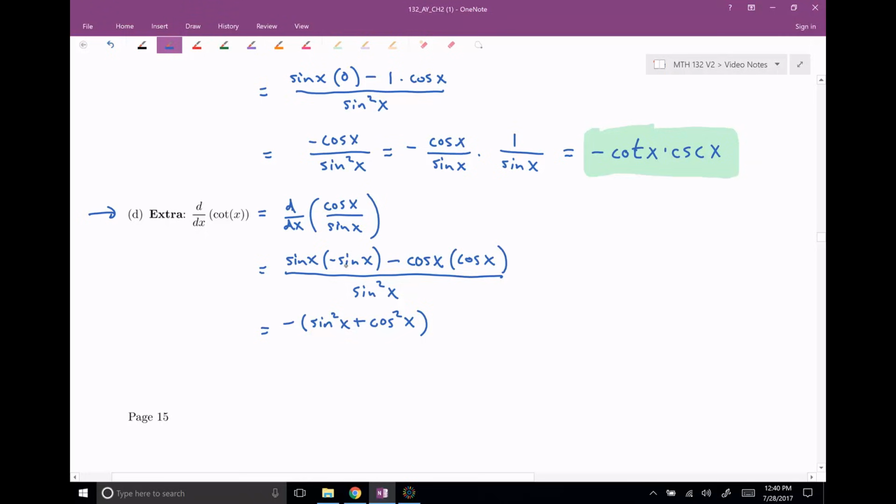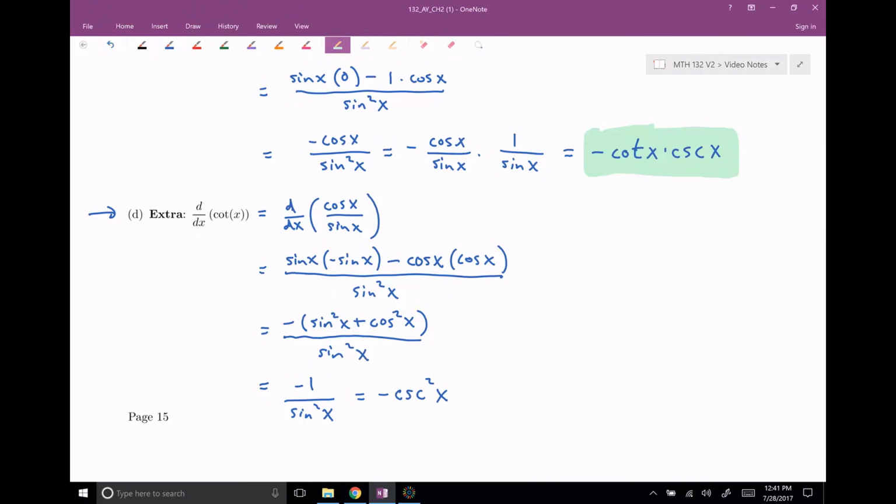So when you factor out the negative from each of these terms, you get sine squared plus cosine squared, and we've already seen that this is an identity, so we can replace that with 1. So we're going to have negative times 1, that's negative 1 over sine squared. And 1 over sine is cosecant, so this is going to be cosecant squared. But then don't forget about this negative sign.